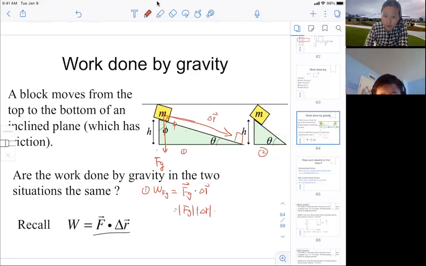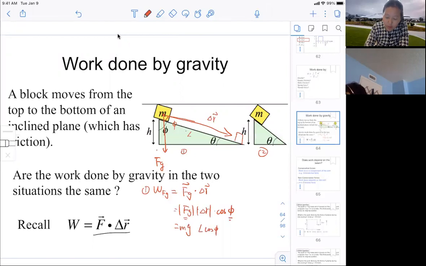It's cosine. Yes, very good. It's the cosine of the angle between them, and the angle is as indicated in the picture. So let's look at what this gives us. This is going to be mg, and this is going to be the length of the ramp. The ramp has an entire length, let's call it L. So L cosine phi.